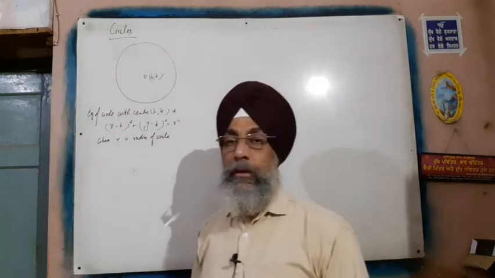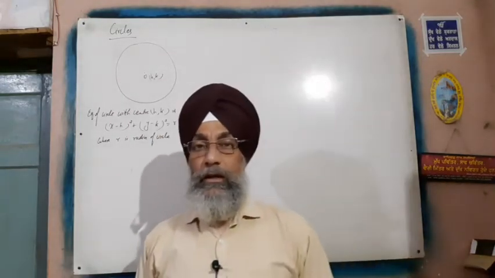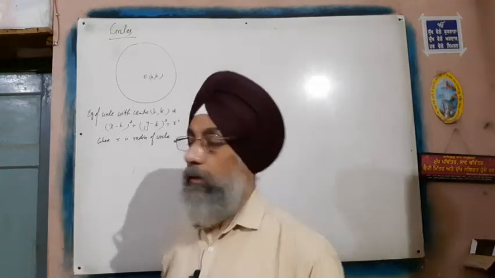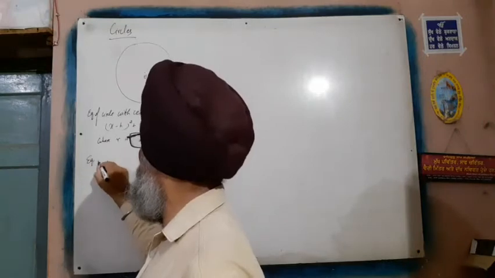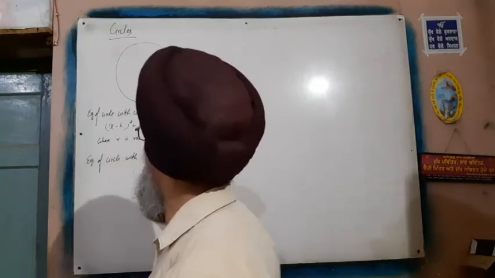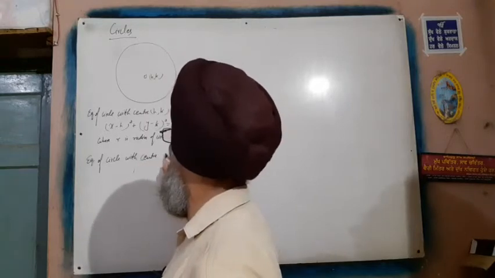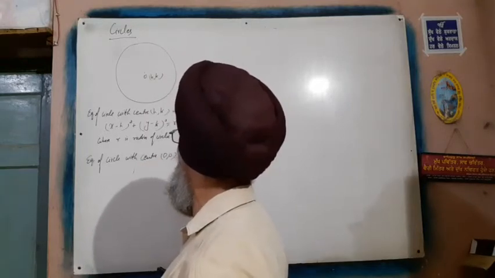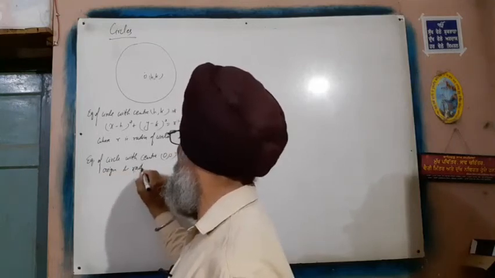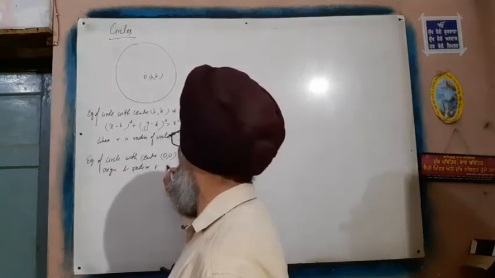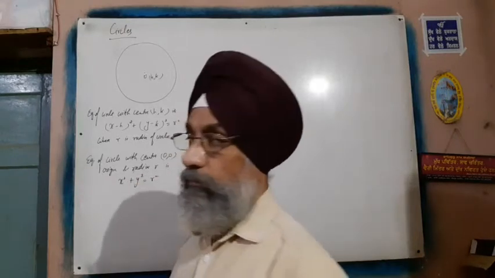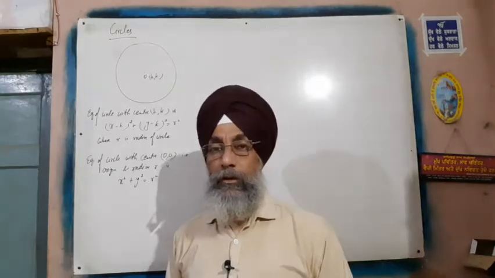Now, if the center is at the origin, that is, the values of h and k are 0, 0, then the equation of a circle with center 0, 0, that is the origin, and radius r is given by x square plus y square is equal to r square.